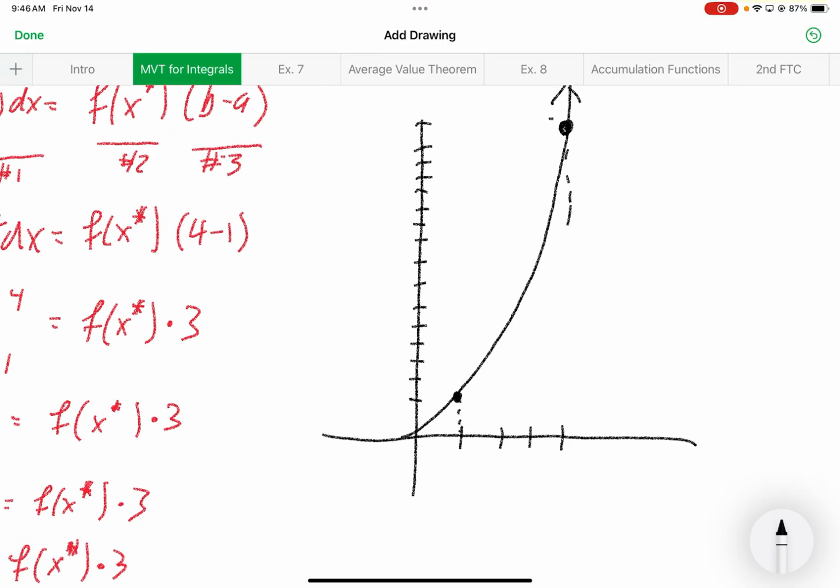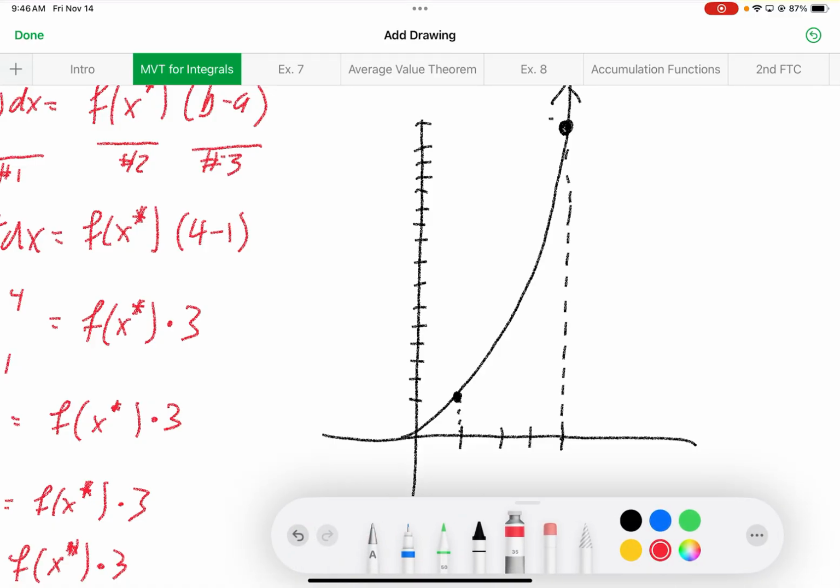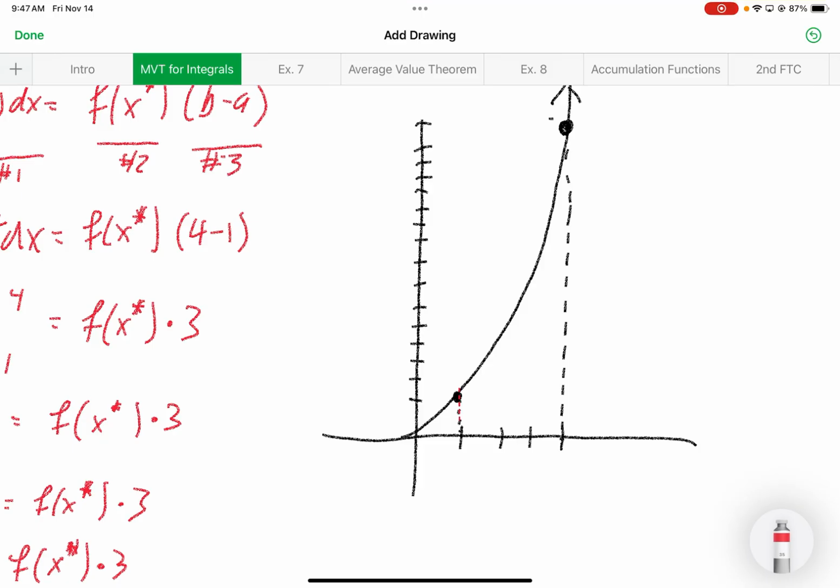So we are getting this area right here. There's my area under the curve.